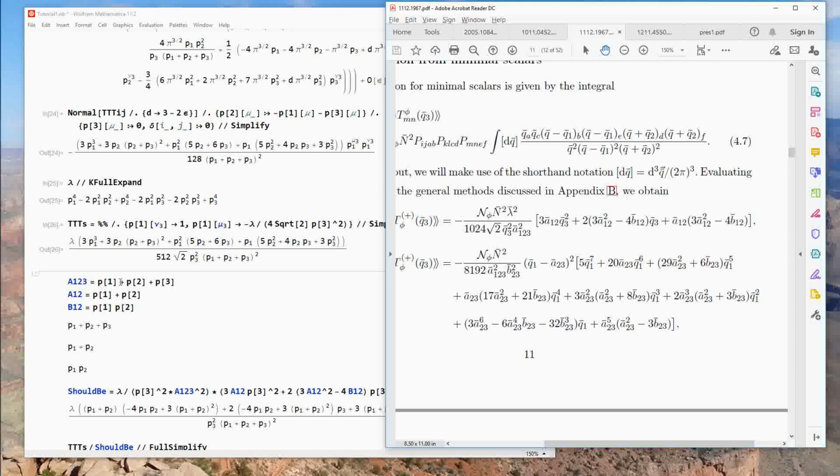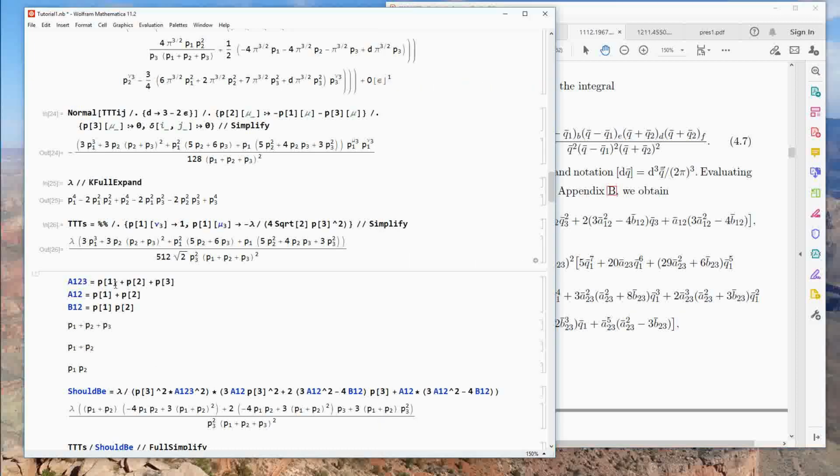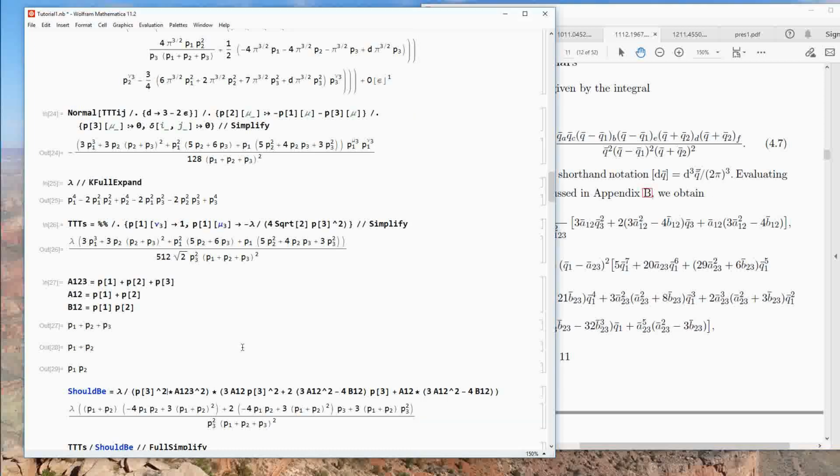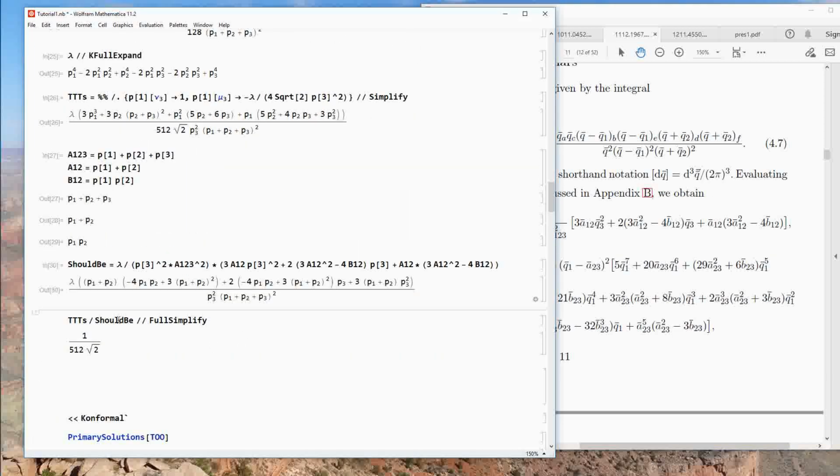So let's just check it. These A1, 2, and all the other things are the symmetric polynomials written here. And then this expression is this expression here. And if we divide what we found by what it should be, it is exactly equal up to a constant.